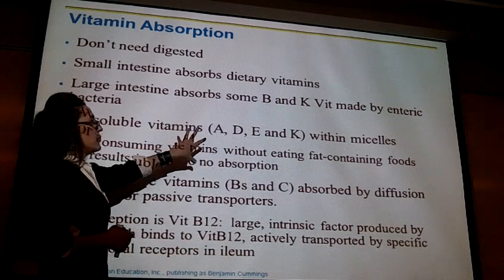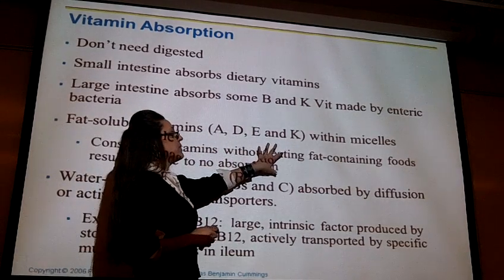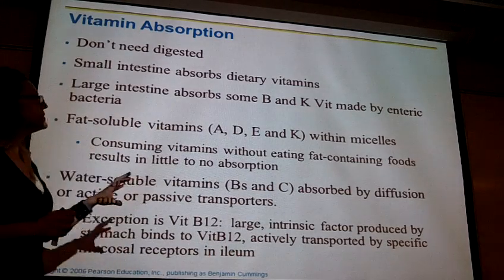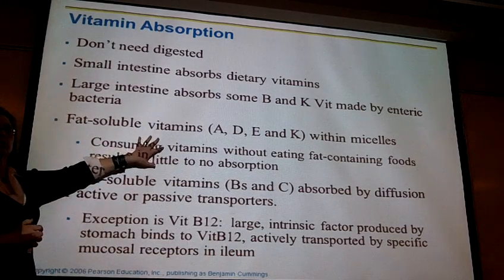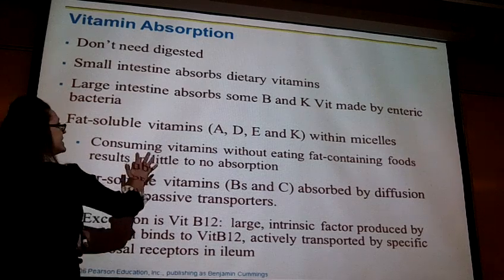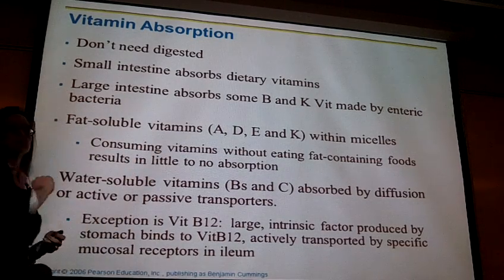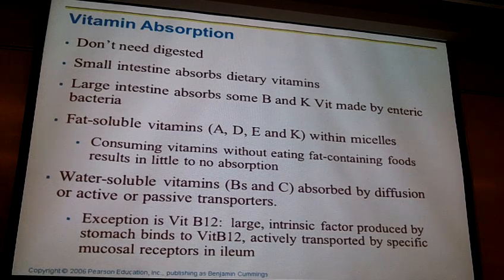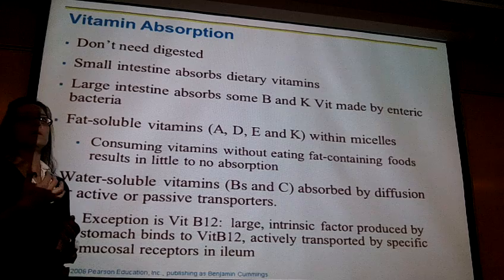On the flip side, your fat-soluble vitamins, they will get absorbed in your adipose tissue. So these can build up and be stored in your body. So if you're taking mega doses of vitamins, you have to be very careful because these can start to become toxic at certain levels. So you should always be careful about how much vitamins you're consuming.